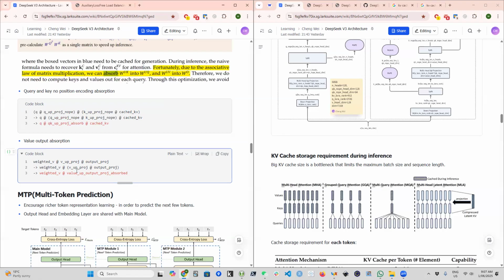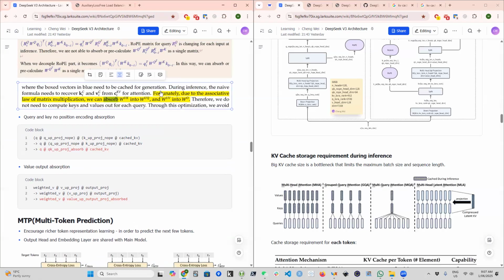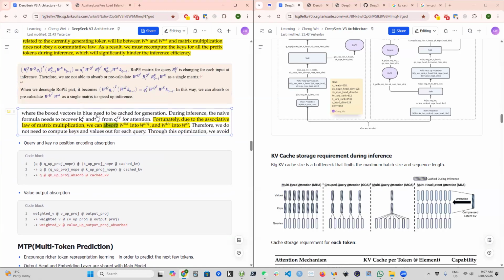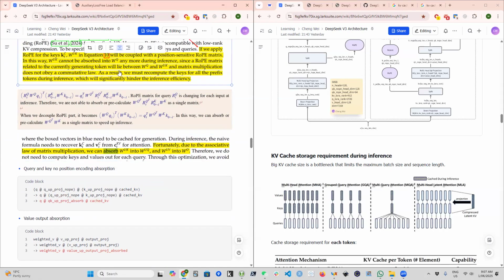And for the value part, it is also doing something. You see here in the paper, there are two places trying to do the absorption. One place is the key and the query part. The other is the value part.